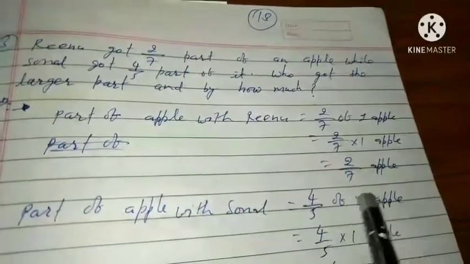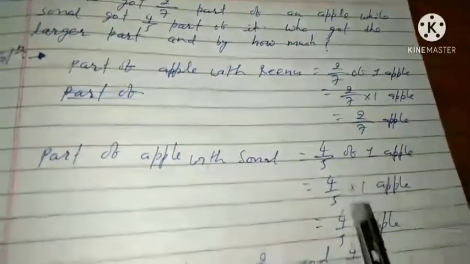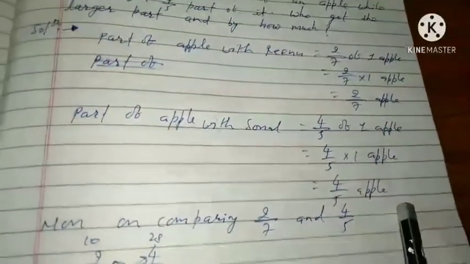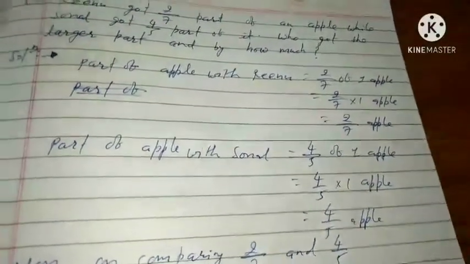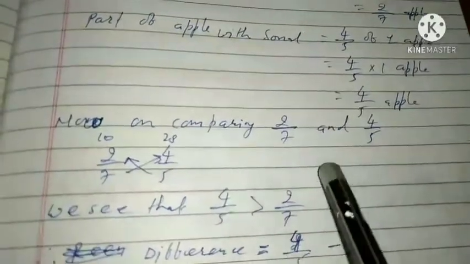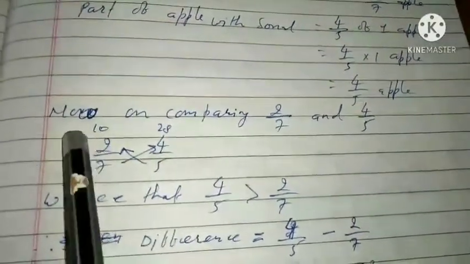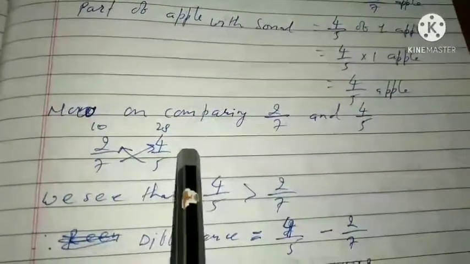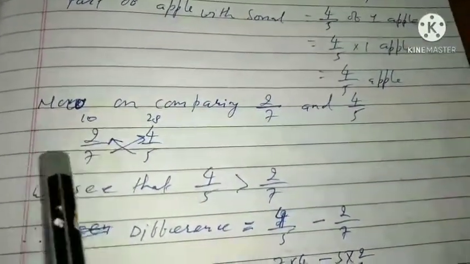Renu had 2 by 7 of an apple. Similarly, Sonal had 4 by 5 of an apple. Now, on comparing 2 by 7 and 4 by 5, we see that 2 multiplied by 5 is 10, and 7 multiplied by 4 is 28. 28 is greater than 10.